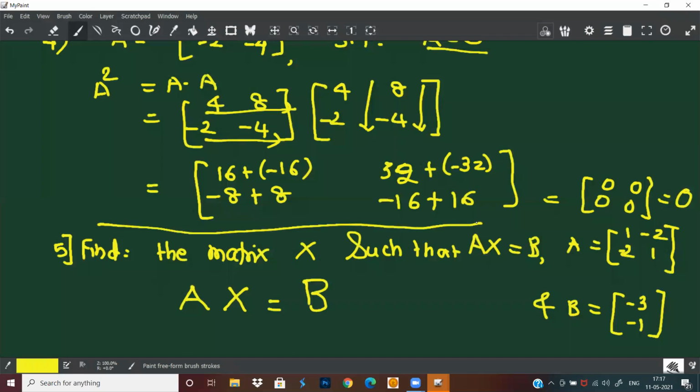Okay. See, पहले दिया क्या है? AX is equal to B. मैंने अच्छे से लिखा. Then A के नीचे 8 का ऑर्डर लिखा 2 by 2. B को क्या है? It's a column matrix, 2 rows and 1 column.